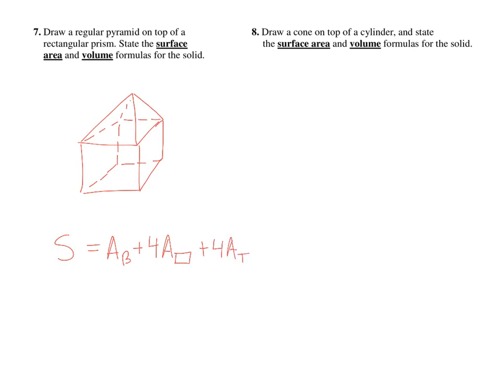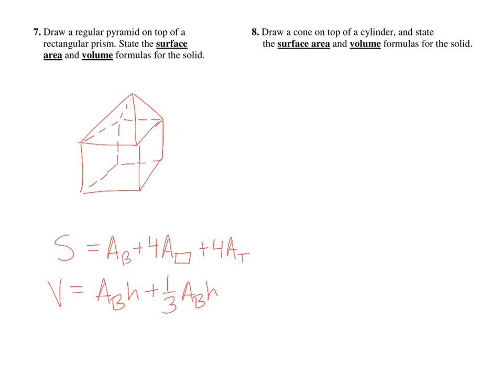Since you can't touch the top of the rectangular prism, you don't count that. Since you can't touch the bottom of the pyramid, you don't count that. And then I have the volume formula, which is area base times the height for the rectangular prism, plus 1/3 area base times the height for the pyramid.